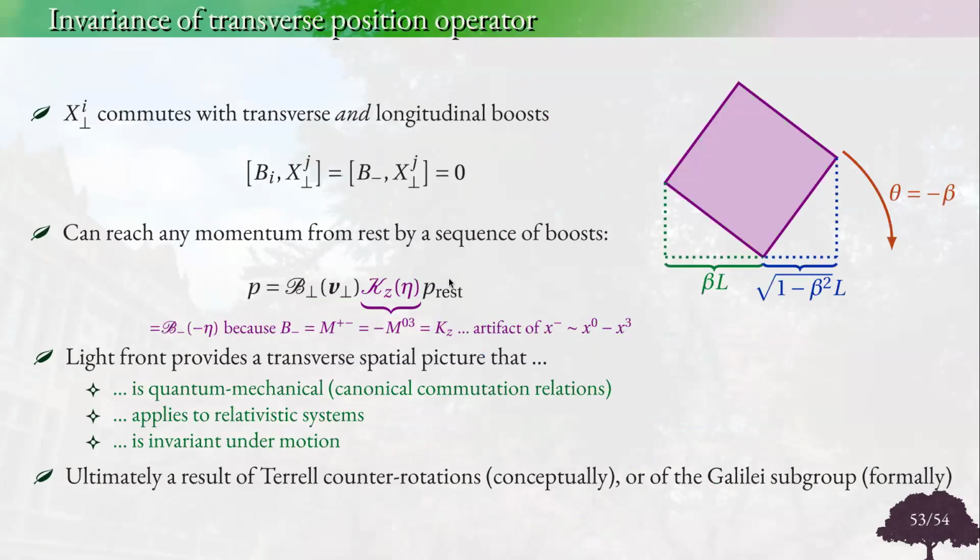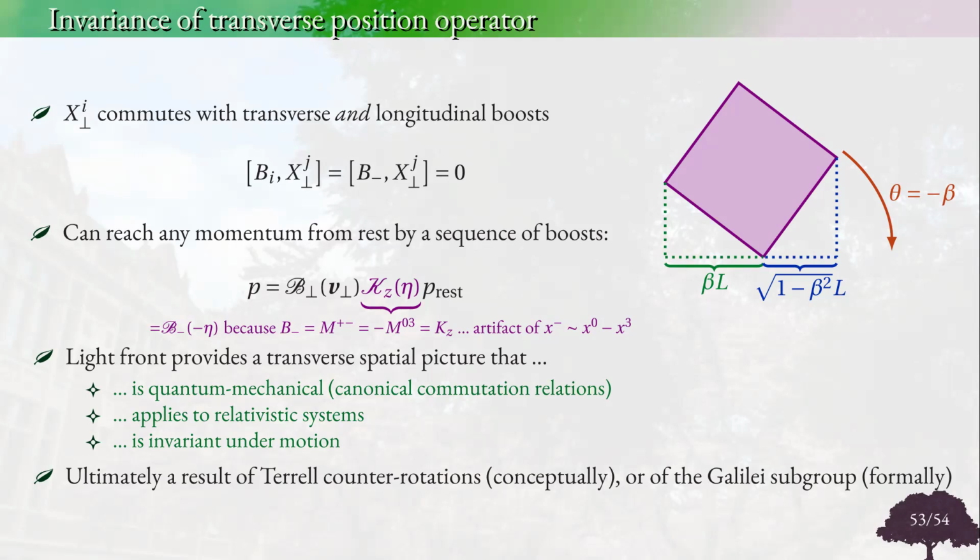So this is a really nice thing and will actually be a lead into my next lecture in two weeks. The perpendicular component of your, or rather your perpendicular position operators commute with all of your light front boosts.